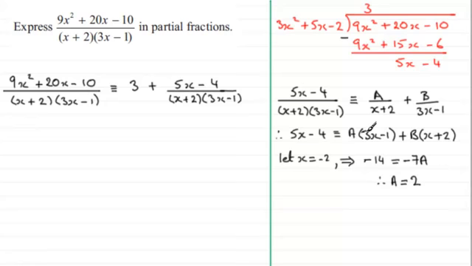Next, I'm going to make this factor, 3x minus 1, equal to 0 by choosing x to be a third. So if we let x equal 1/3, again if we put x equals a third into here, we've got 5 times a third is 5/3 minus 4 whole ones. 4 whole ones is 12/3. So 5/3 minus 12/3 is going to be minus 7/3.